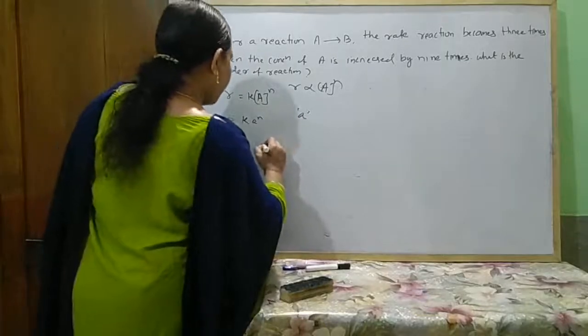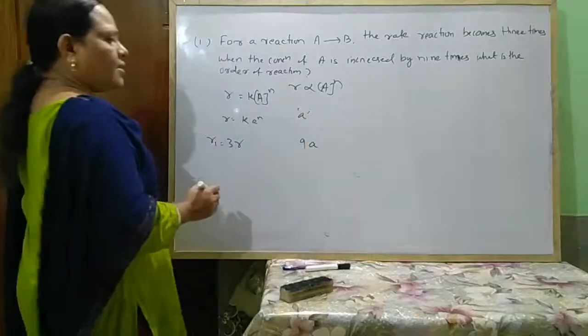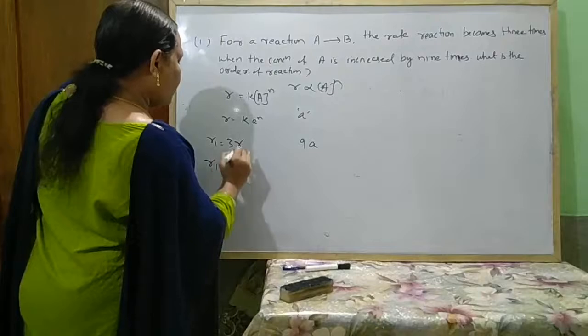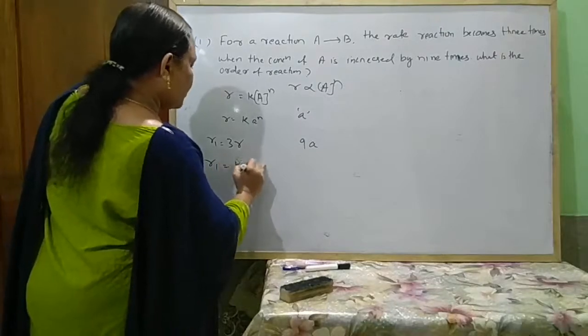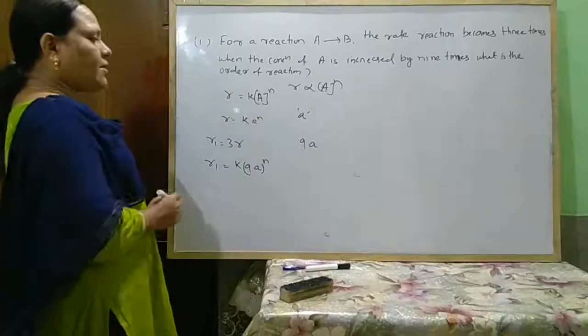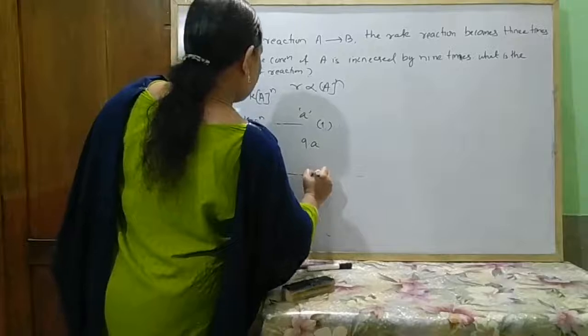That is, when it becomes 9A, R1 equal to K (9A) to the power N. Call this equation 1 and equation 2.